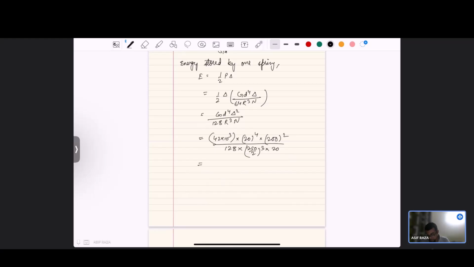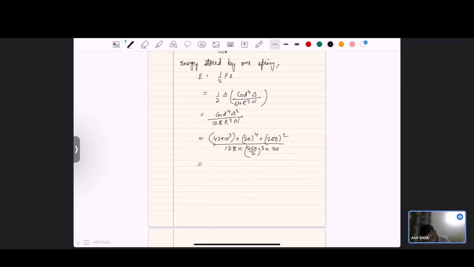So let us calculate this. So 42 into 10 power 3 into 20 to the power 4 into 200 square divided by 128 divided by 20 divided by 125 cube.